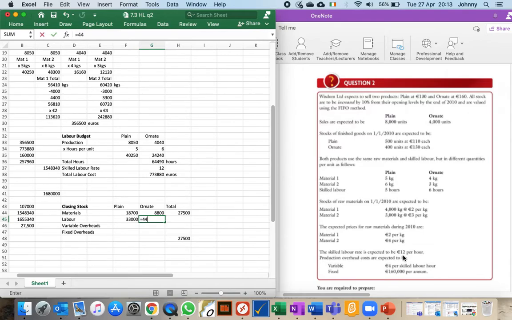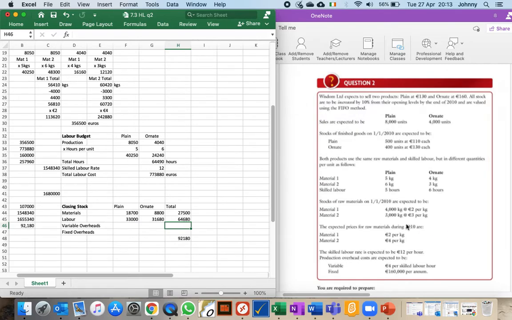The other ones then are 440 times, it says 6 hours, times, how much is it? €12 again. Okay, so I add those two together, and that gives me my labour cost.